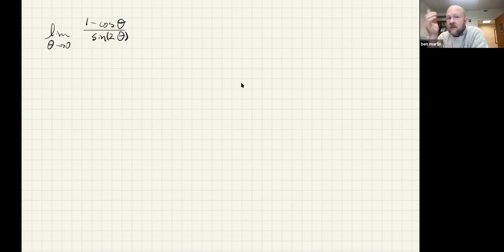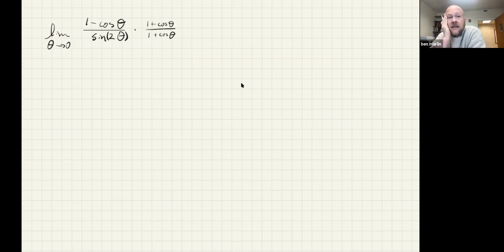Now, if it were set up to be our special limit, then we would have this fixed. So we need to try to get things in that direction. You probably don't spot where we're going to go, but what we're going to do is multiply the top and bottom by 1 plus cosine theta, right?